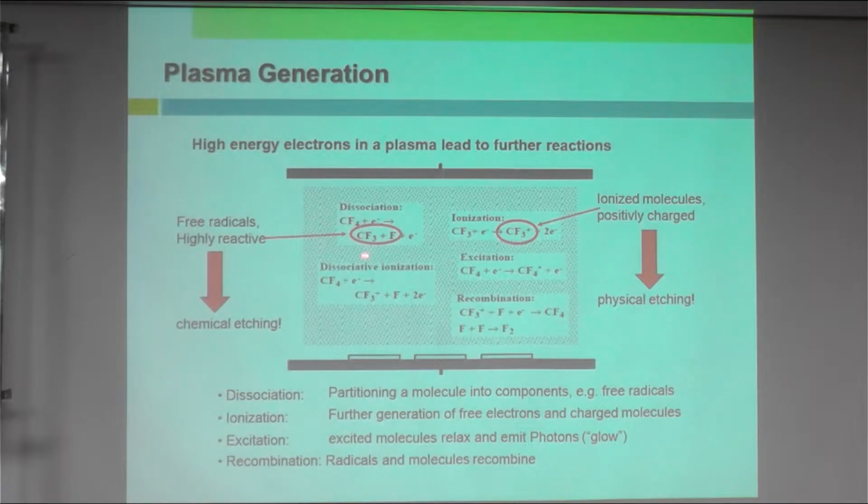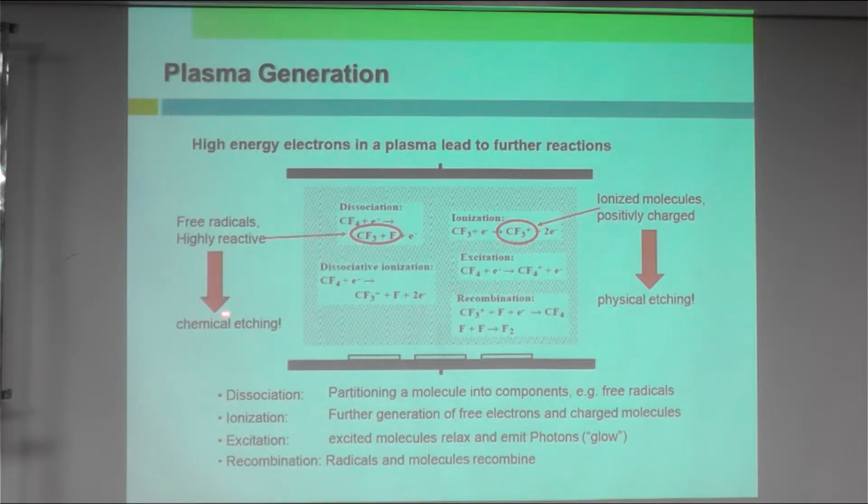For example, you have CF4 going to CF3 plus F plus electron here. This is a dissociation process. Then with this you have ionization of CF3. This ion will be bombarded onto the substrate in order to have physical etching.